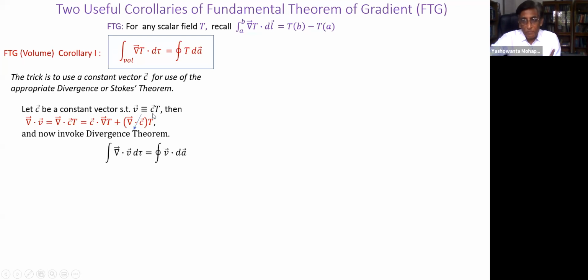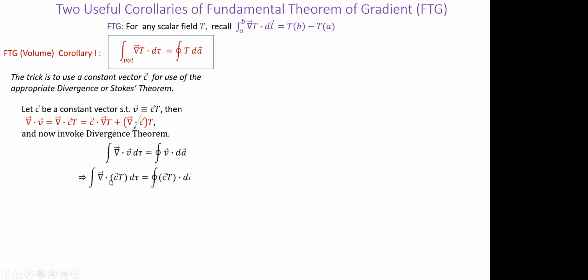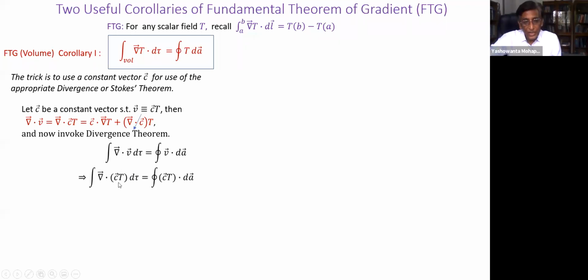The only assumption I've made is that C is a constant vector. Since V is CT, I replace it, giving the integral of C T dot dA.